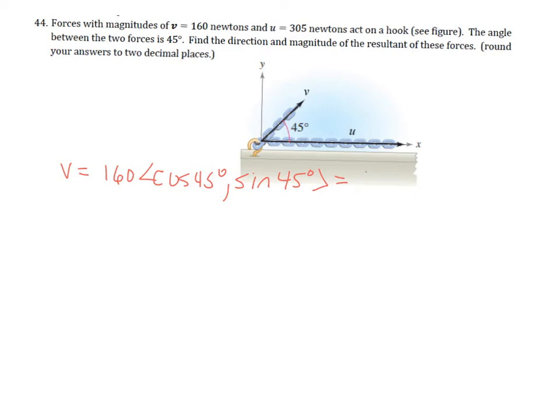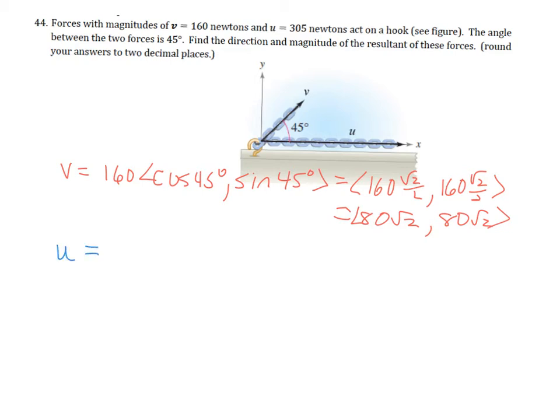So that's 160 times square root of 2 over 2, 160 times square root of 2 over 2, which is 80 radical 2, 80 radical 2. Okay? And those are newtons. Now let's deal with vector U. Its force is 305.